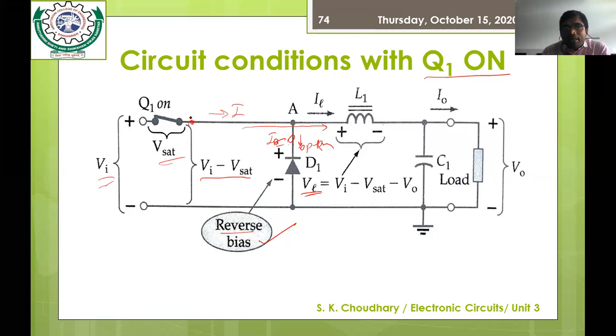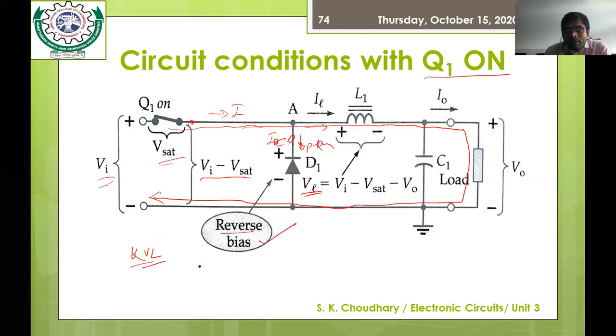You can simply follow the loop. The loop starts from the input terminal, goes through the inductor, and then through the load, and comes back to the input side. So you can apply the KVL.